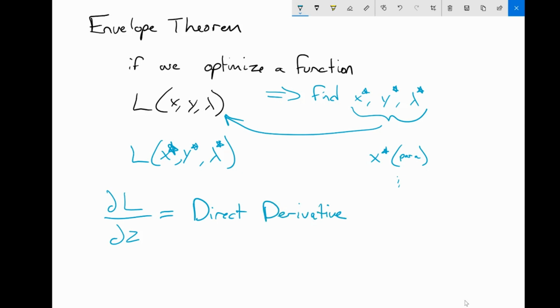You don't have to differentiate. You don't have to do the chain rule for all of the separate components. This is called the envelope theorem. It will be very useful. It will be one of your best friends in this class. We'll reinforce it later once we have to apply it. I just want to give you that heads up.